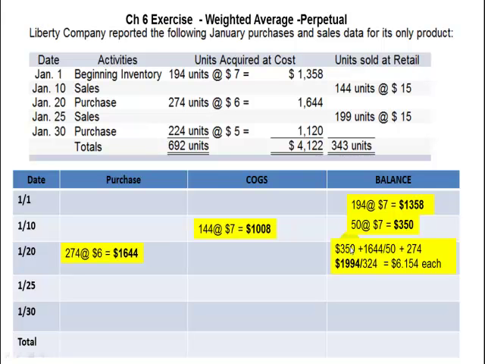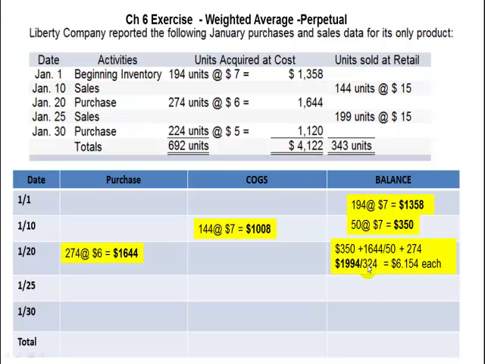We have the 50 that we paid $350 for, and that's this 350, and the 274 that we bought that we paid $1,644 for, and that comes out to a total dollar amount of $1,994 and a total unit amount of 50 right here plus the 274, or 324 units.